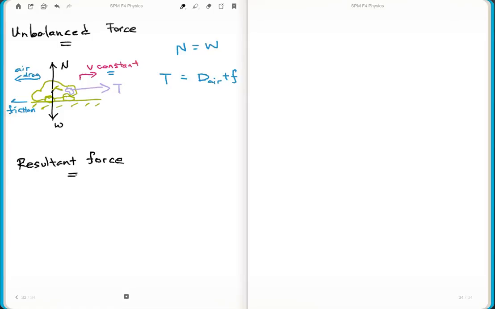Resultant force, by definition, from the word result, means a single force that produces the same effect as the combined force, when you have a few forces acting on it.